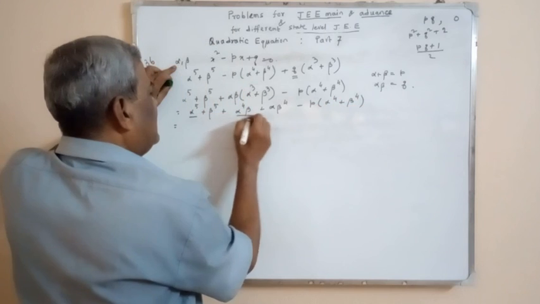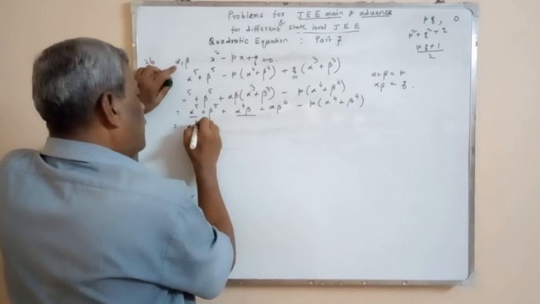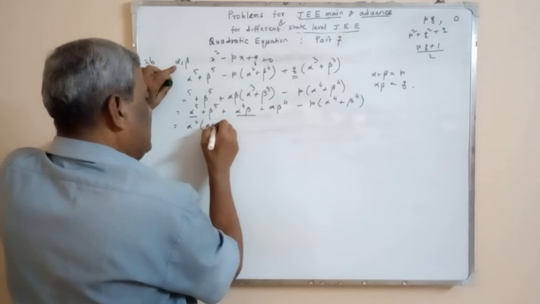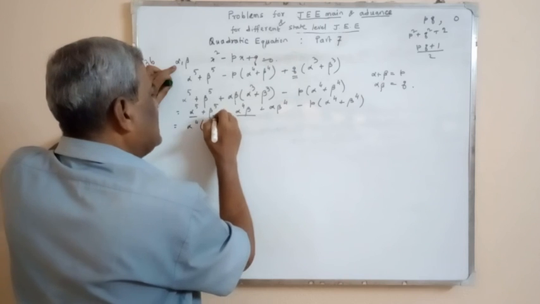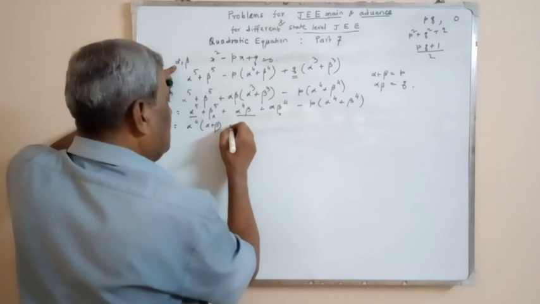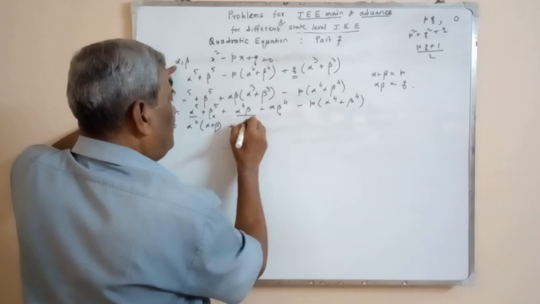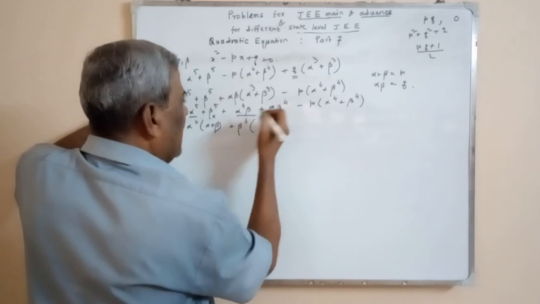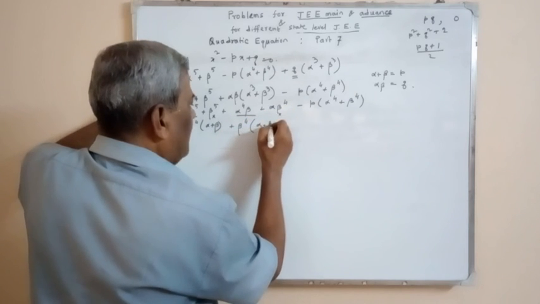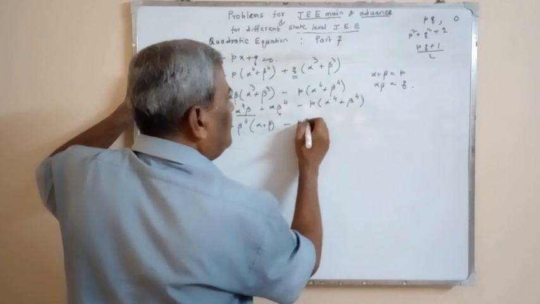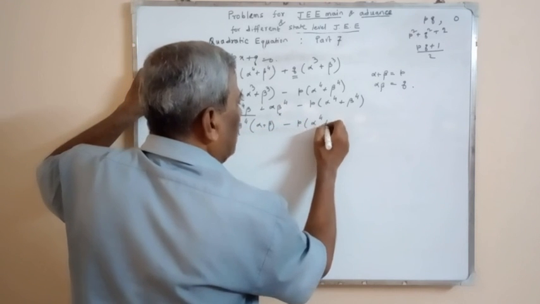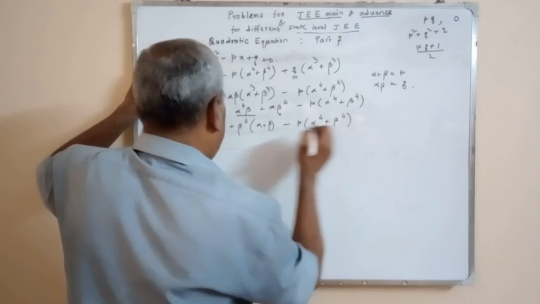From this and that, take alpha to the power 4 common, alpha plus beta. From this and that, take beta to the power 4 common.